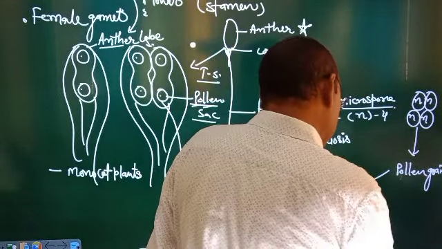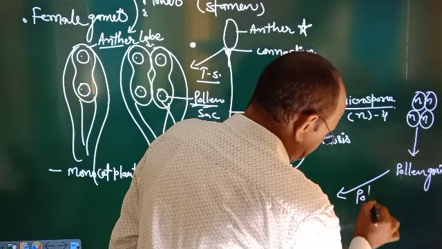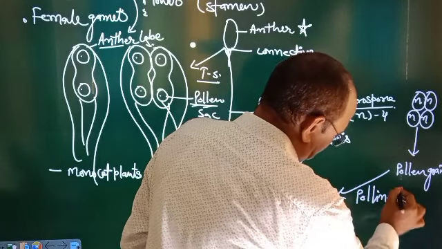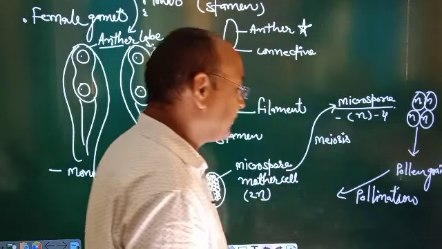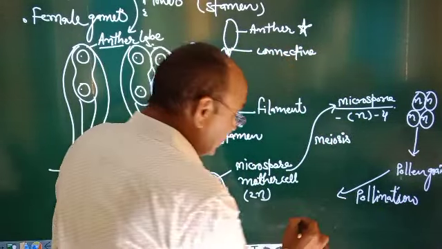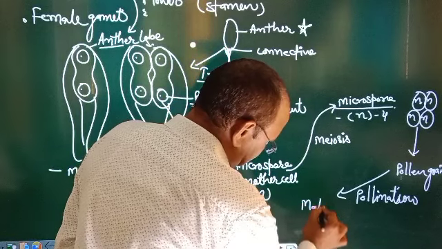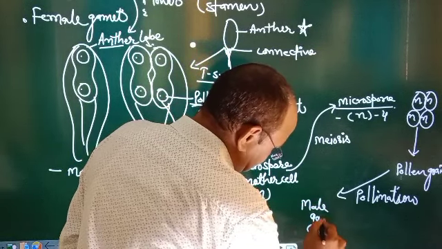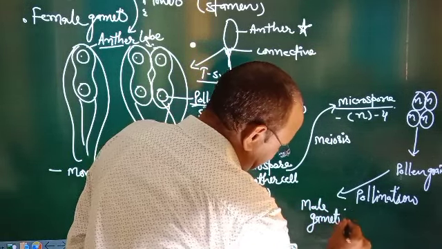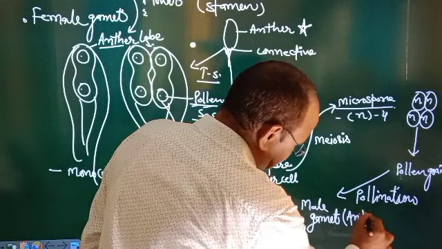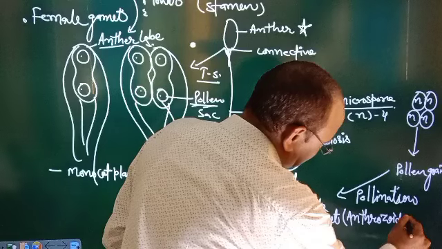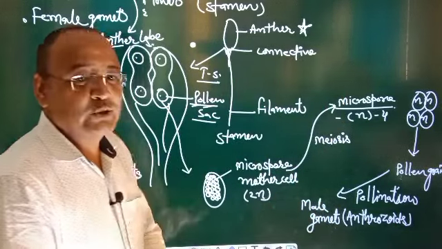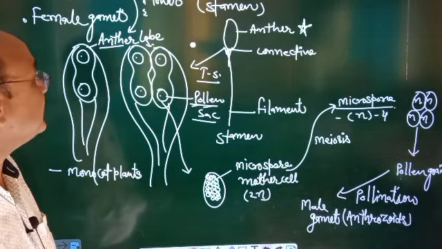And the pollen grain, after the pollination, I repeat, produces male gamete, which is called as anthrozoids.